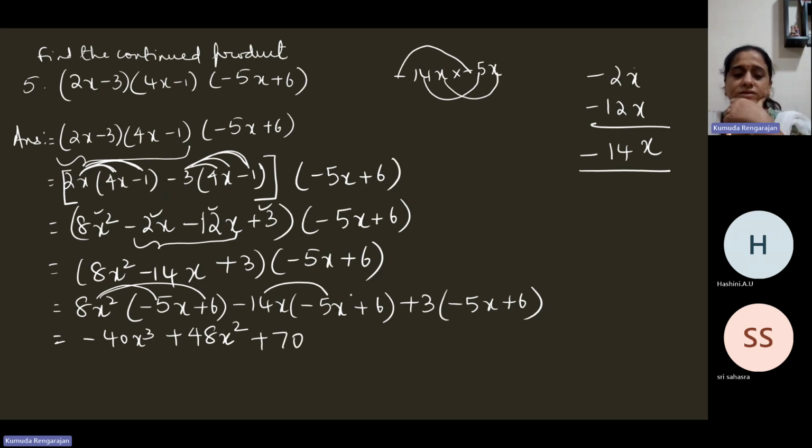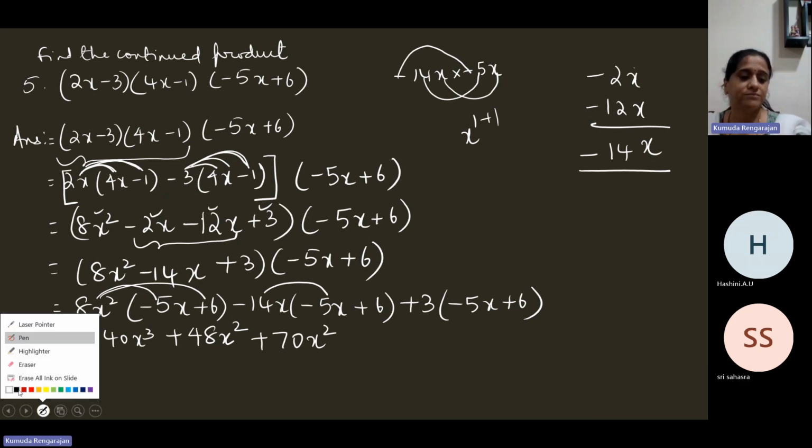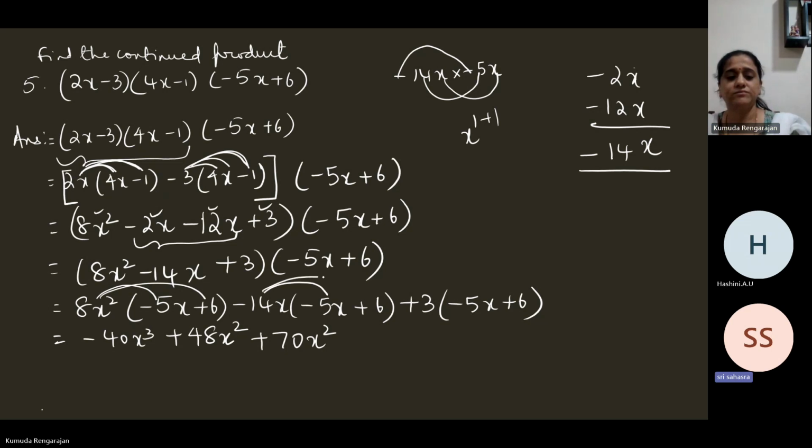X into x is x power 1 plus 1, x squared. When we multiply, we multiply the signs, the numbers, and the letters also. Then minus 84x, minus 15x, plus 18.